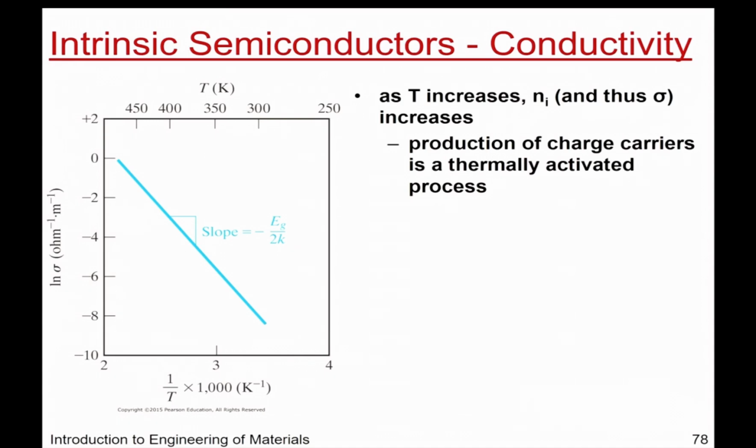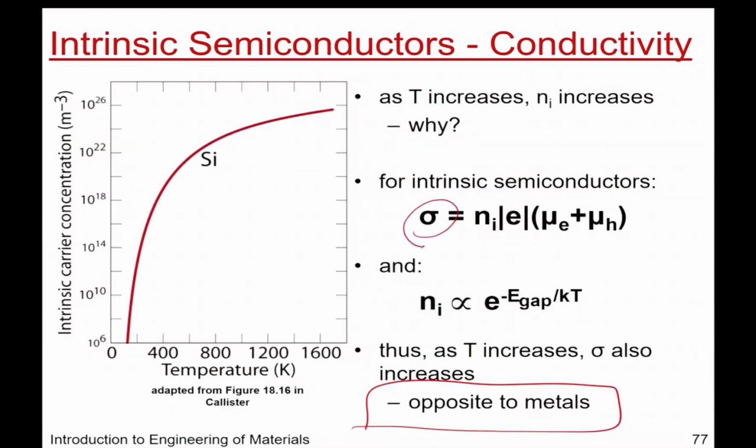And because it's an Arrhenius type relationship where it's thermally activated, we can backtrack and calculate the band gap of a material by measuring the conductivity, right? So let's go back. If you measure the conductivity, what's hidden in your conductivity are all these terms about carrier concentration and also mobilities of your electron and your hole.